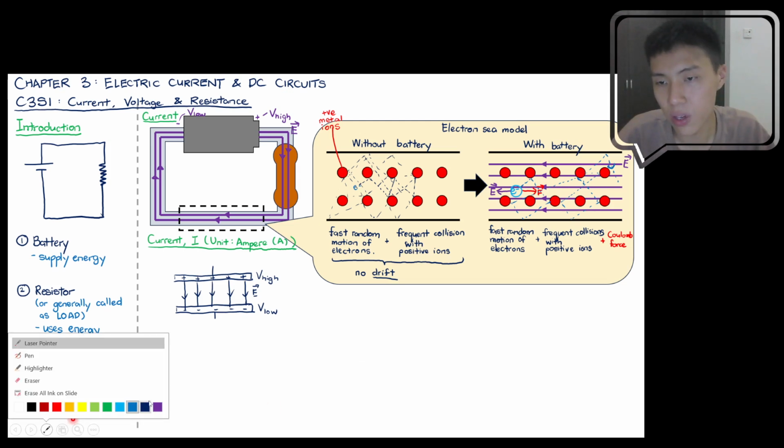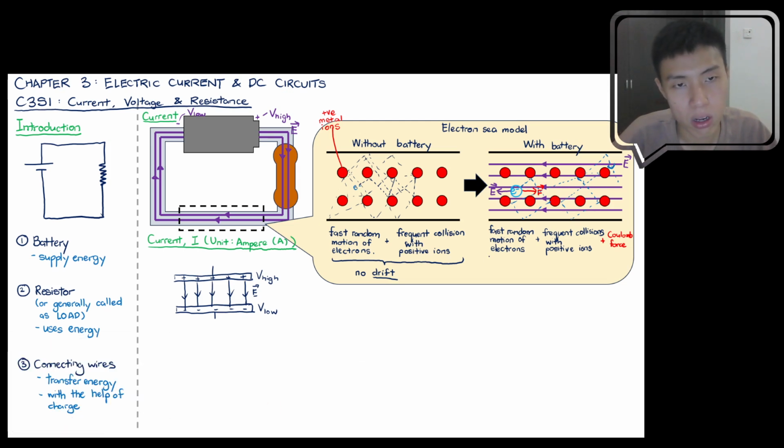So we can come to a conclusion, combining all three factors that we see over here: what we observe is that the electrons will drift, but the drift is a slow drift.